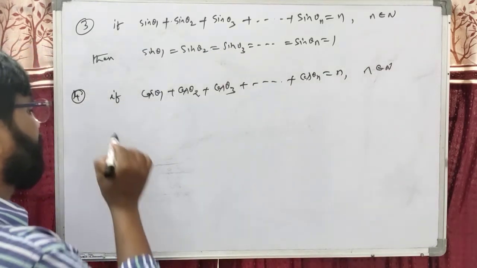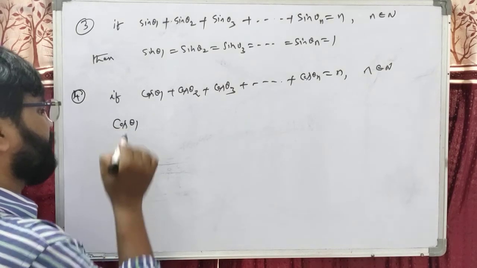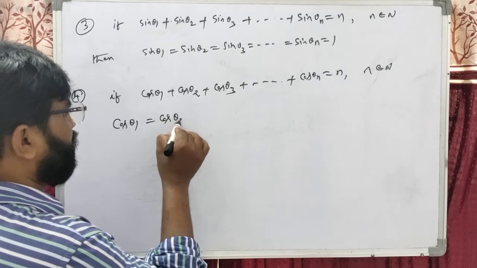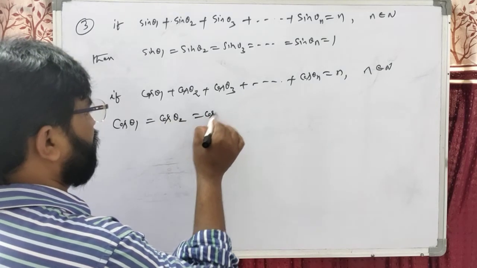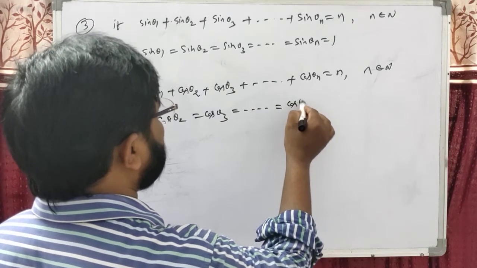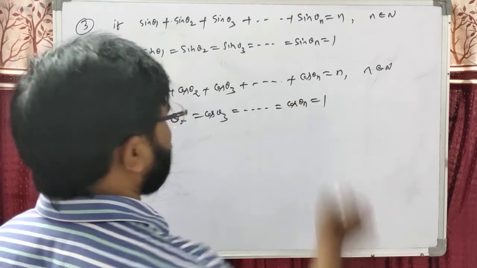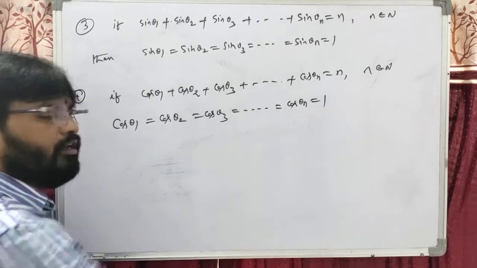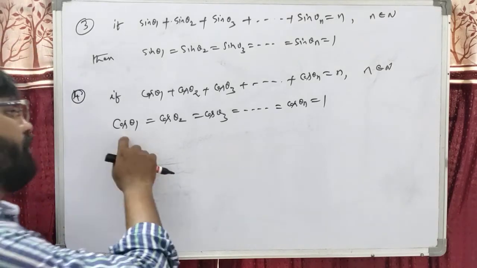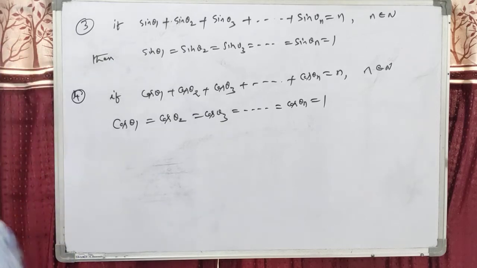Dear students, 1 is the value of cos 0 degrees. Therefore, each angle theta 1, theta 2, theta 3 must be 0 degrees. Okay students, this is the fourth identity.